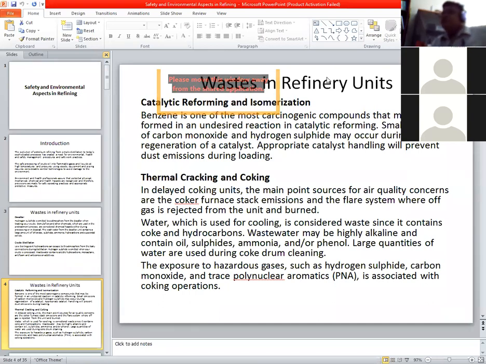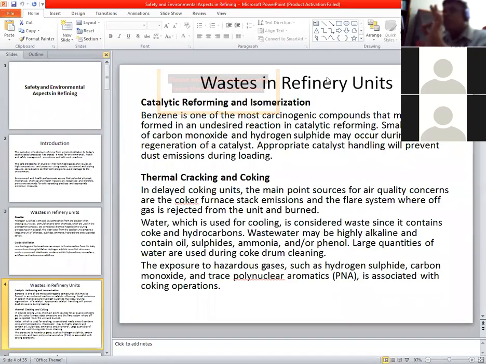After a certain period, this catalyst becomes deactivated due to various reasons. Although we are doing the regeneration, some spent catalyst we have to take out. During loading and unloading of catalyst, because it is a huge amount, maybe tons of catalyst being loaded in the reactor, some dust pollution also occurs.